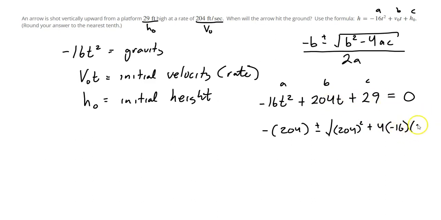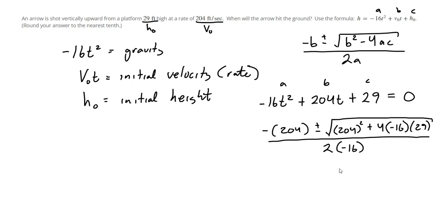My c is going to be 29. You can already see that these are, like I said, very nasty numbers. And let's put all of this over 2 times negative 16. When you plug this into your calculator, you're going to get two answers.